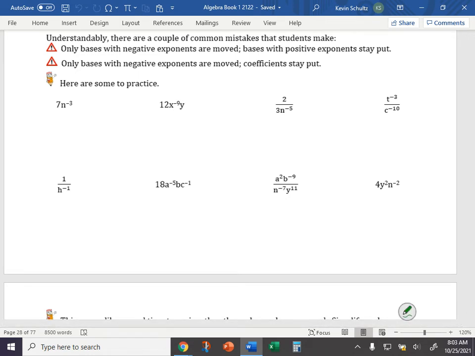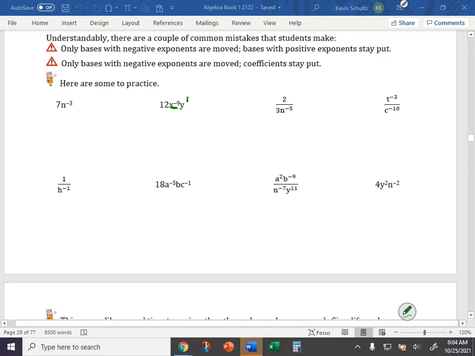So Jack's asking about 12x to the negative ninth y. Okay. Really, the only thing that we care about in simplifying in this objective are the negative powers. That coefficient of 12, following the rule, is going to stay put anyway, right? Because it's not affected by that negative 9. And that base of y, what's the exponent on the base of y, even though it's not written? It's a 1, right? If it was a 0, it'd have to be written there.